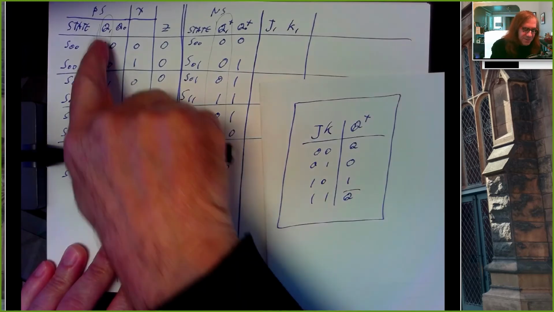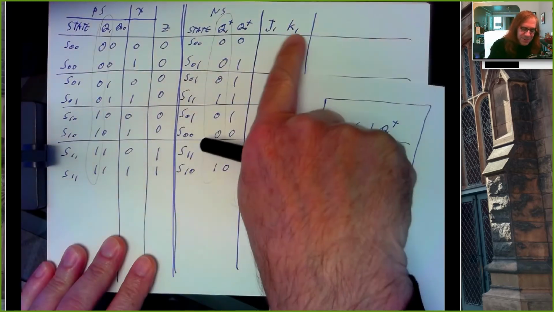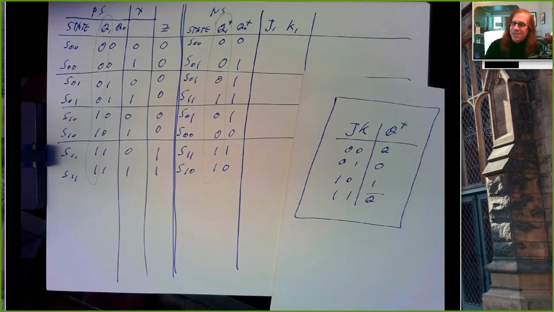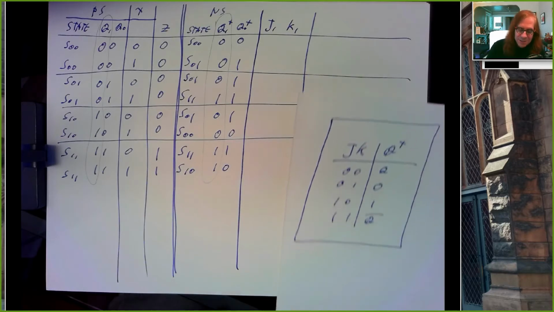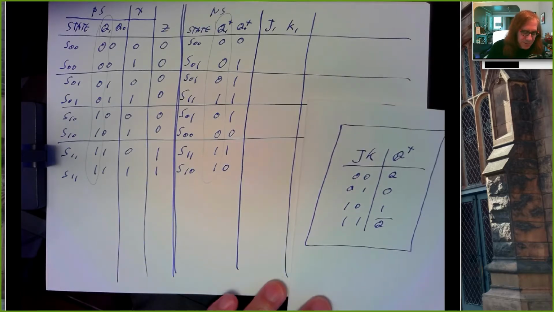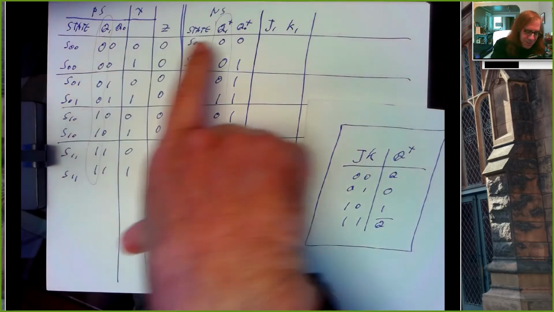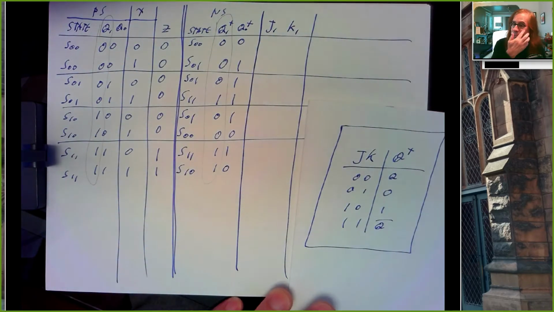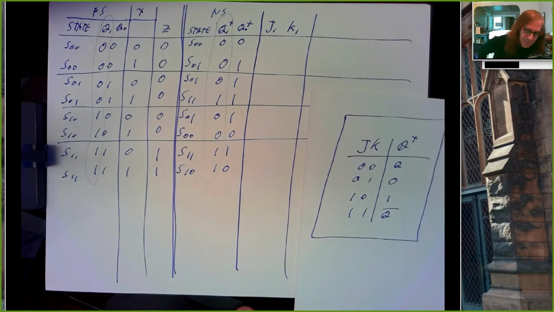If I did Q0, Q1, J0, K0, J1, K1, I'll get exactly the same answer in the end. The most important thing is to be consistent in your own domain. So if you want to do 0, 1, make sure you do 0, 1 everywhere: T0, T1, D0, D1, that kind of thing. Does that make sense? Yes, it does. Thank you. All right, cool. You're welcome.